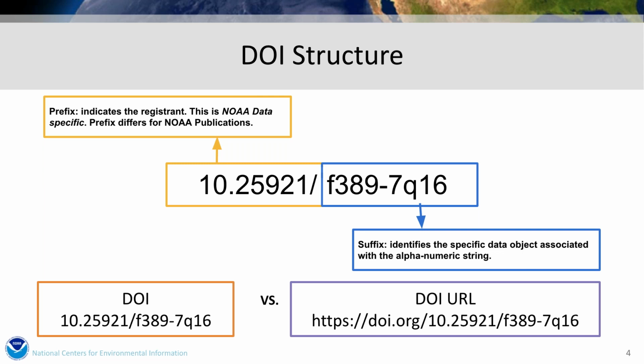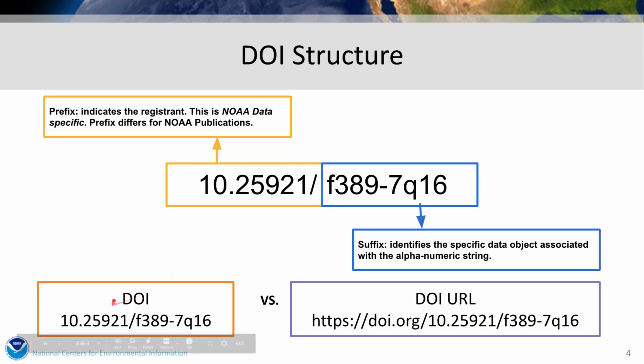There was a different prefix for NOAA publications. The suffix, the part in blue over here, is the specific unique subcomponent that identifies this particular object that has the digital identifier.